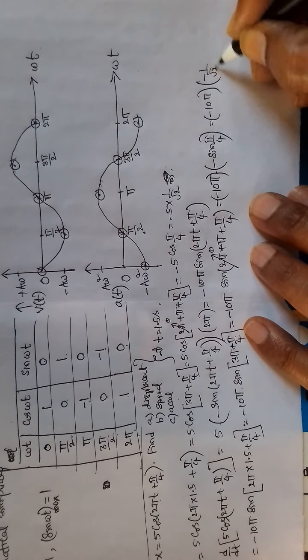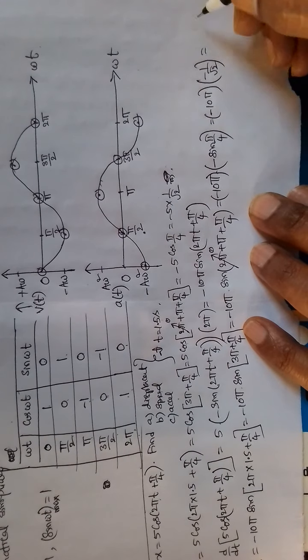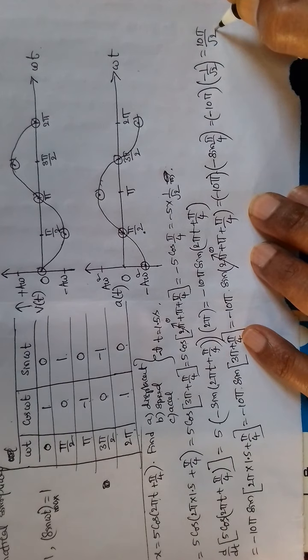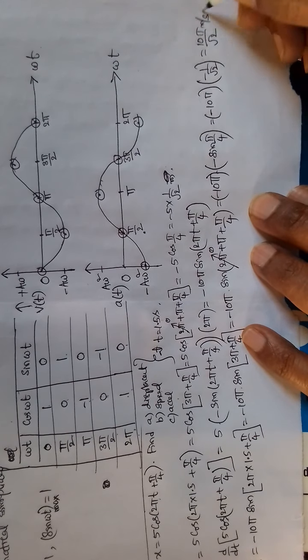Minus 1 by root 2. So we get 10 pi by root 2 meter per second.